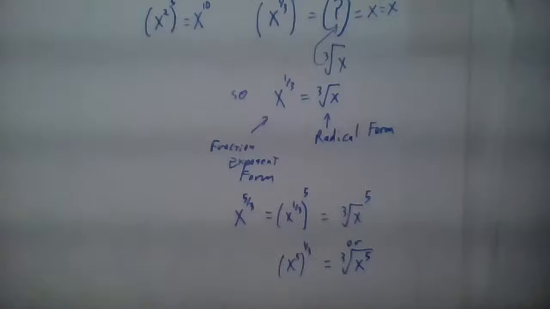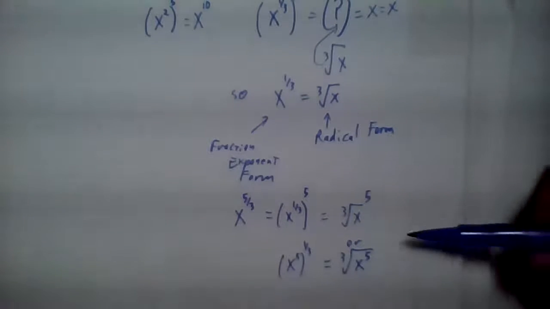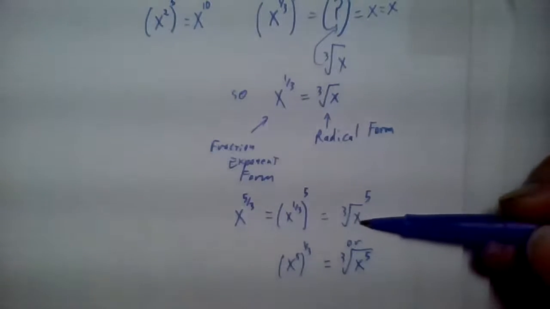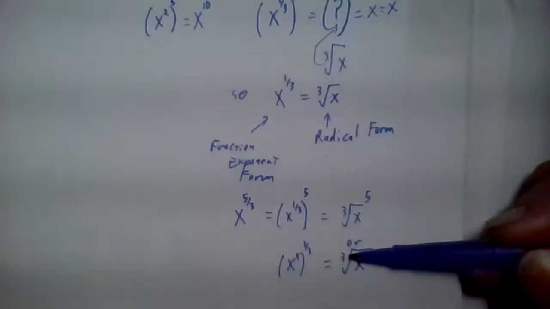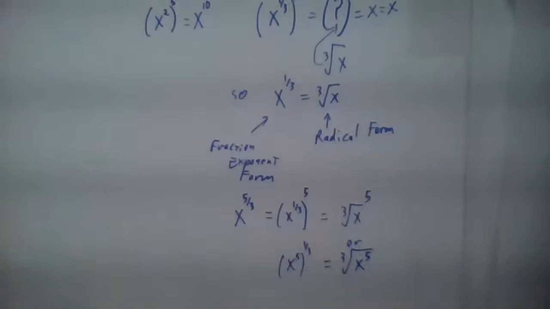They're at the same level on the order of operations. And that means you really do them all at the same time. And it doesn't matter here if you do the root and then the 5th power, or the 5th power and then the root. You're going to get the same value out of that. They mean the same thing. So you can write that whichever way is convenient for whatever you're doing.